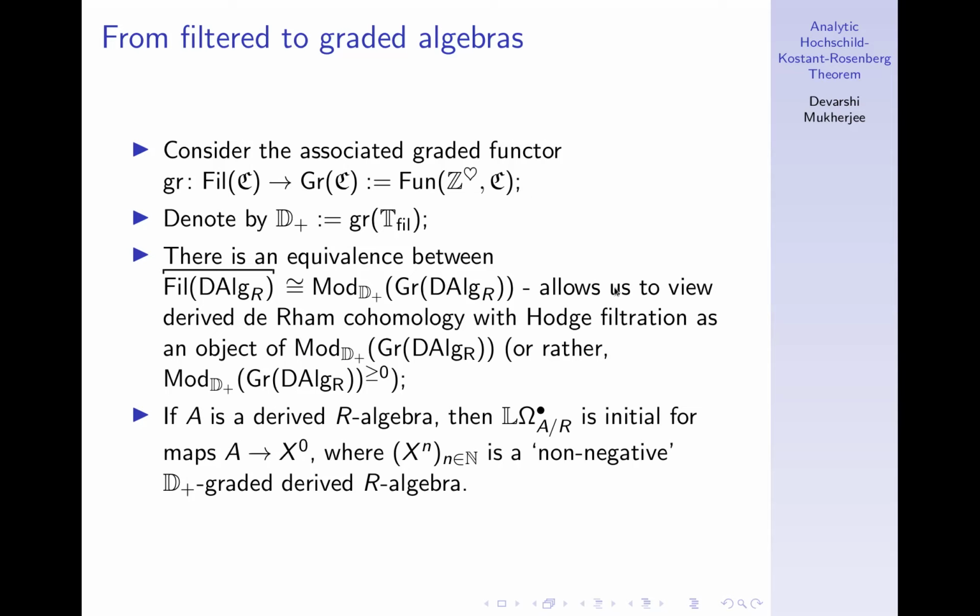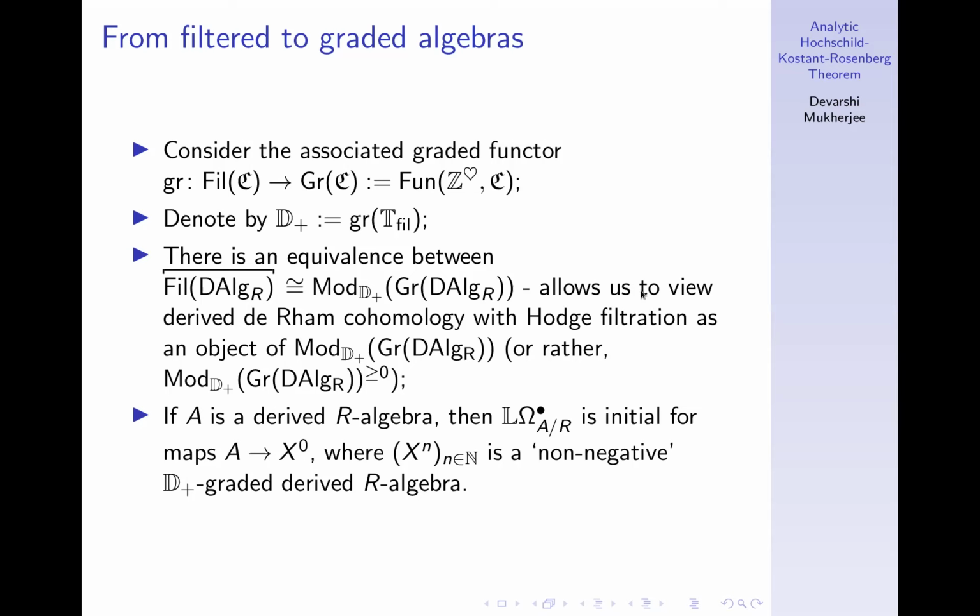Right. So you can recover, I mean, of course, this is very abstract, and I'm not sure I'm following the details, but my intuition is that you usually cannot recover a filtered object from the associated graded.